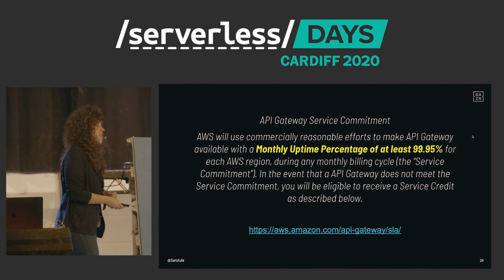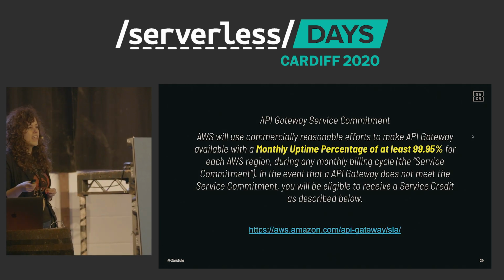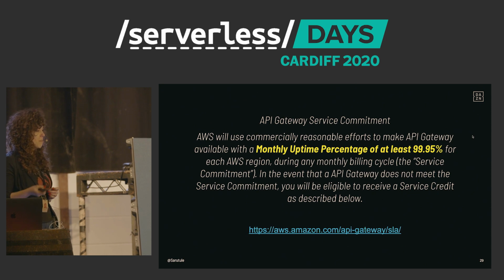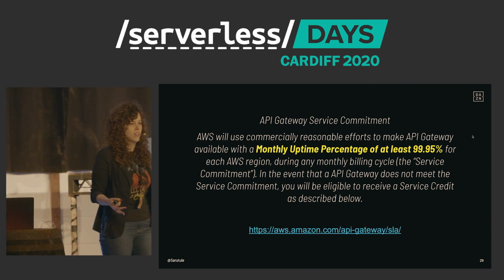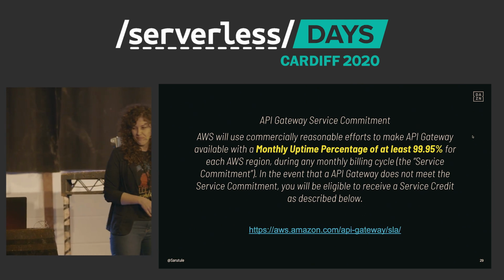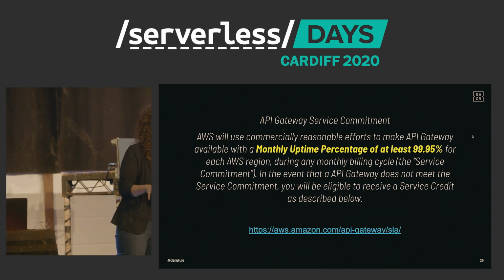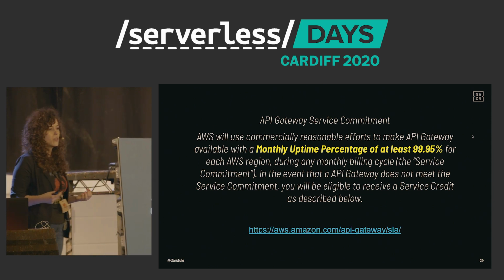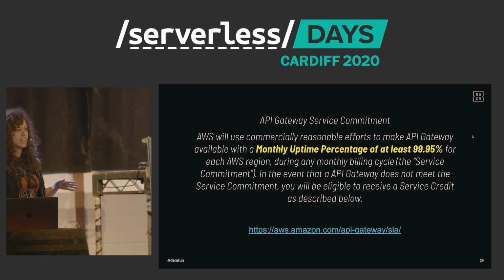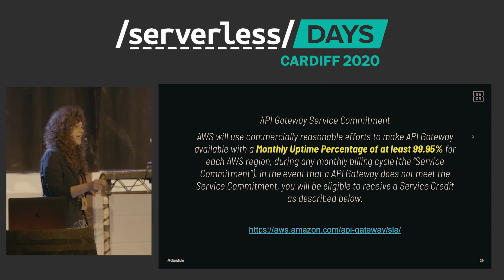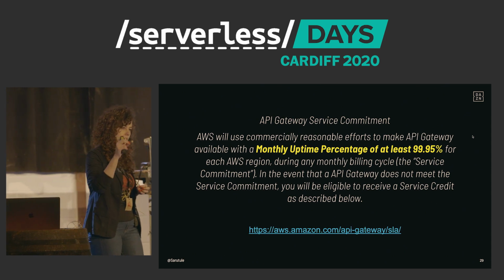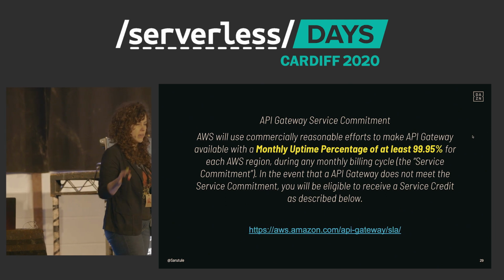And the idea that an API gateway or an AWS service can fail never even occurred to me. But this is actually true, because no service is perfect. No service is 100% reliable. And if you go to the documentation, you will see another hidden page, which is related to all the AWS services, the service level agreement. So what can you expect in terms of availability and reliability on any AWS service?